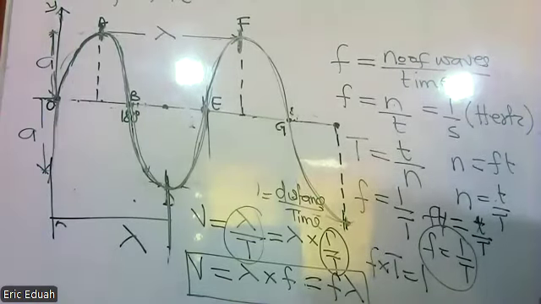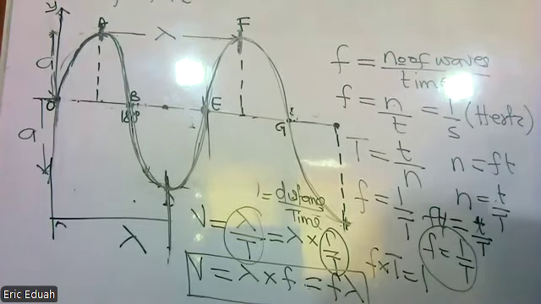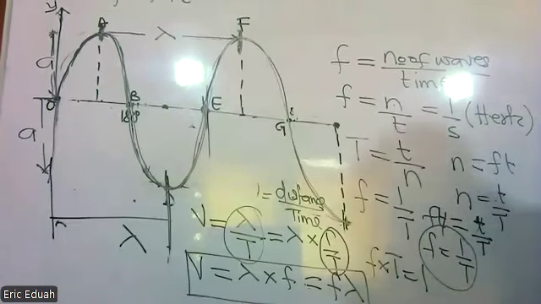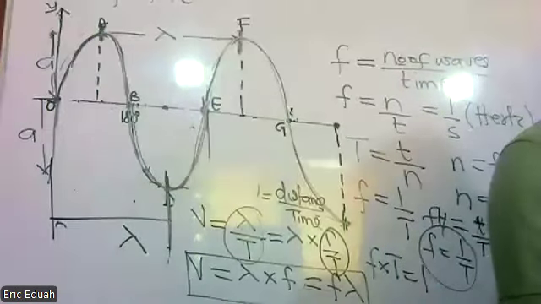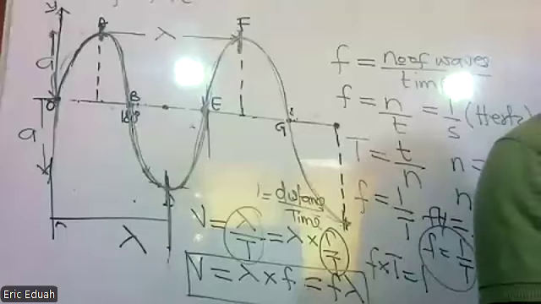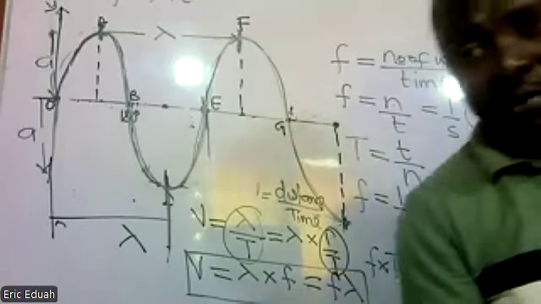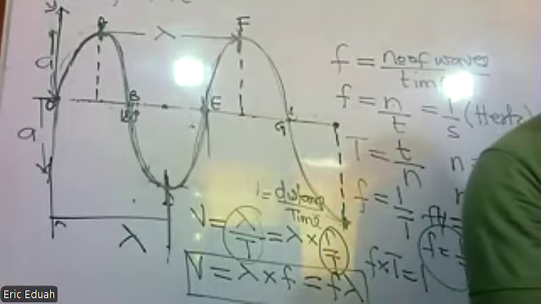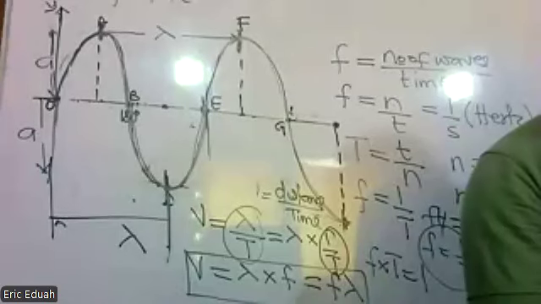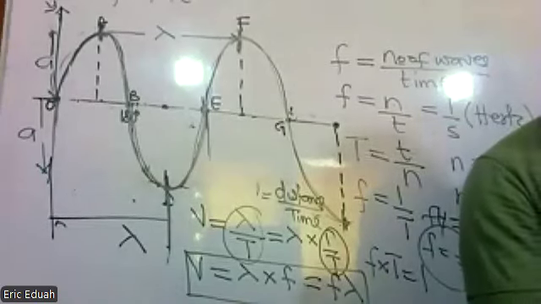I'm reading. The speed of a radio wave is 3.0 times 10 to the power 8 meter per second.